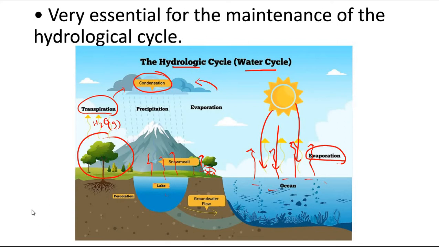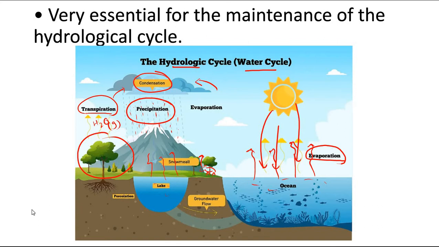So when a lot of water vapor gets together and the clouds become heavy, those gaseous water will become water droplets and fall to the earth as rain. This rain is what we call precipitation. This process is called precipitation.